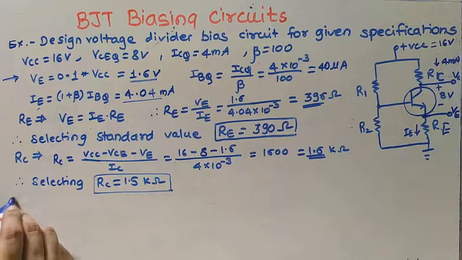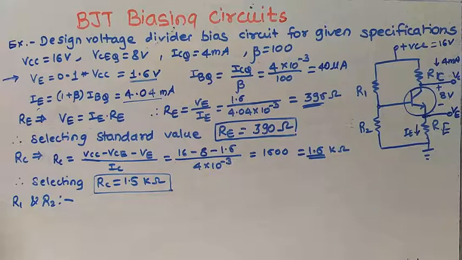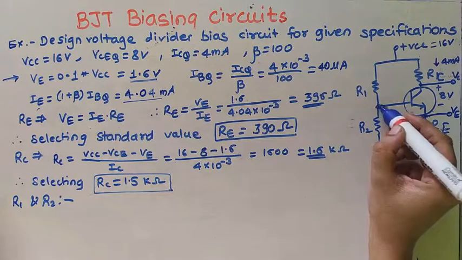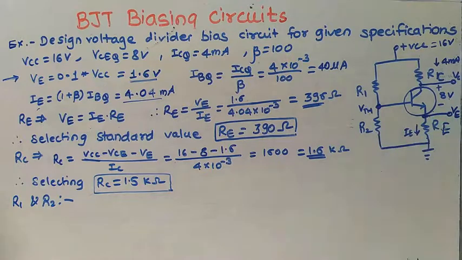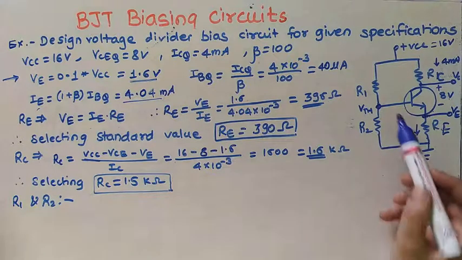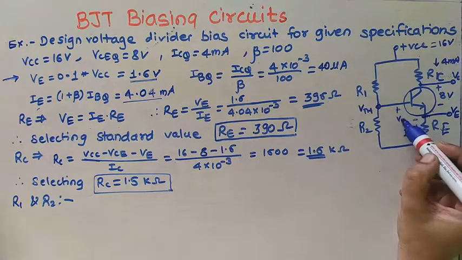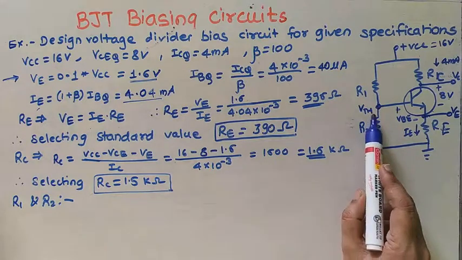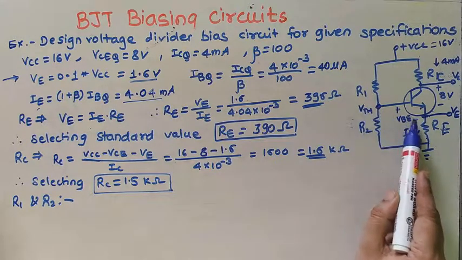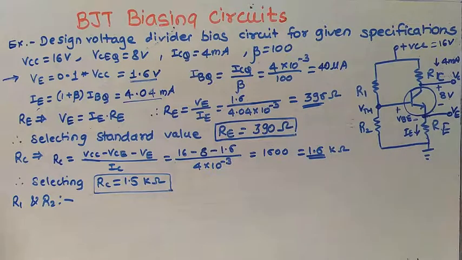Now we have to find out R1 and R2. For that, the voltage at this point is VTH. So from this point we have to apply KVL. Here voltage drop is VBE. So when we apply KVL, we'll have VTH minus VBE minus VE.